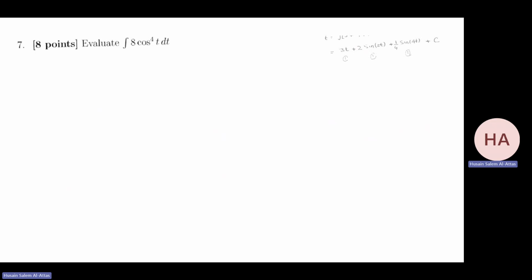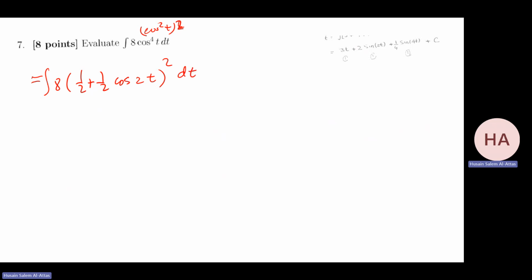Okay, 8 cosine to the power 4. Remember, if you have double angle, if you have even power, then you need to go to double angle. So this will be 8 half plus half cosine square t all square. So this is half plus half double angle all square dt.